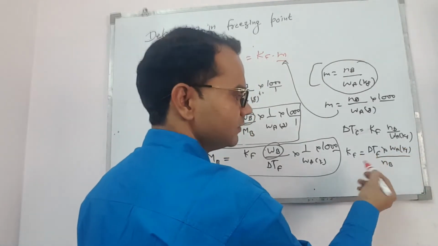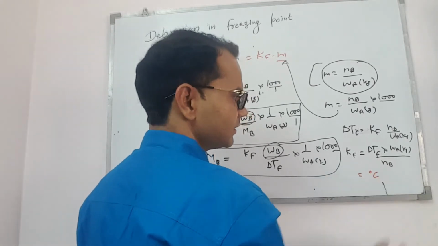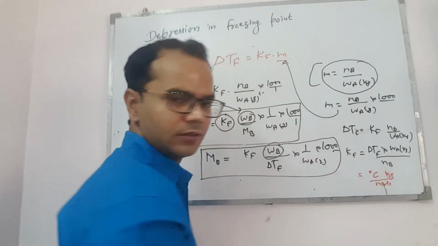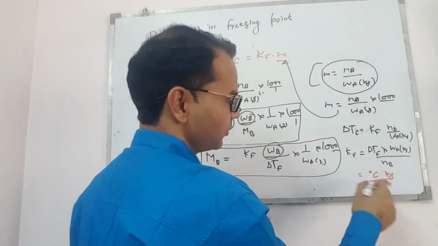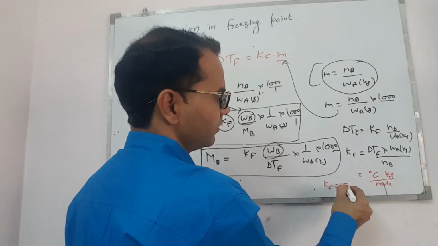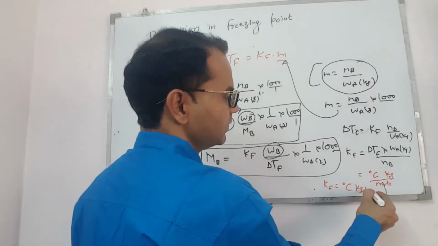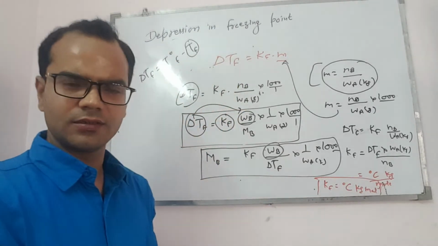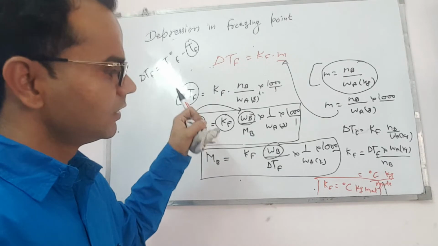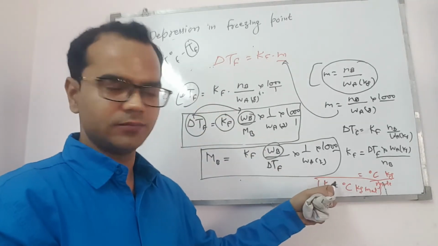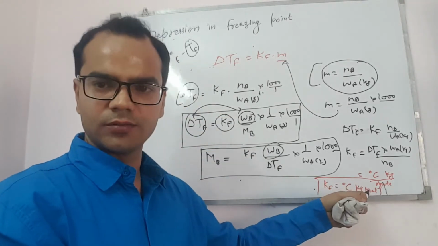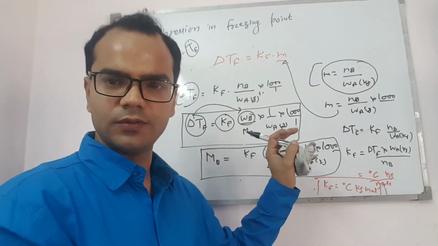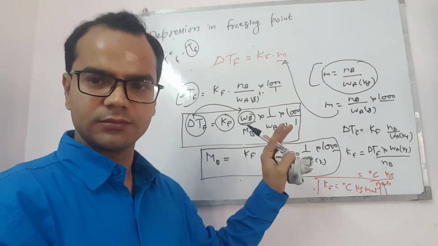So delta TF, depressed temperature, degree Celsius, weight kg by mole. So this unit will be modified to Kf equal to degree Celsius, kg, mole inverse. Easy. The unit, if you notice, the units of Kb and Kf are the same, degree Celsius kg per mole, or even can be taken in Kelvin kg per mole. Clear?